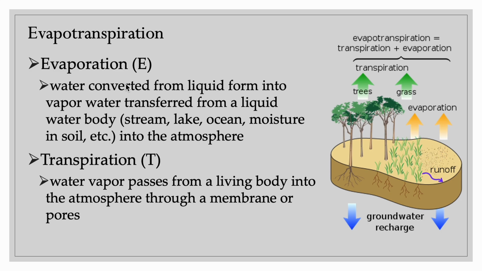The difference is that because the atmosphere is so dry, when we transpire, we are actually cooling ourselves. Because there's not enough moisture in the atmosphere in Arizona, water moves from areas of high content to low content, actually transpiring through the membrane. So evaporation is from a water body. Transpiration is through a membrane.